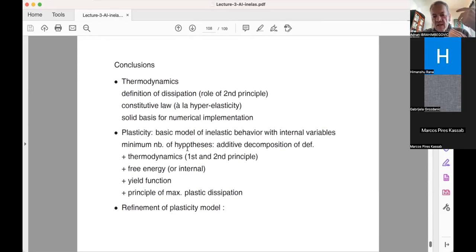So with these 3 main ingredients, you then go back to the second principle, and you define dissipation: for plasticity, sigma times epsilon plastic dot; for damage, 1/2 sigma times d dot times sigma. And then basically you can appeal to the maximum plastic or maximum damage dissipation to obtain these evolution equations. The evolution equations are expressed in terms of the plastic multiplier or damage multiplier, which you compute by appealing to a consistency condition.